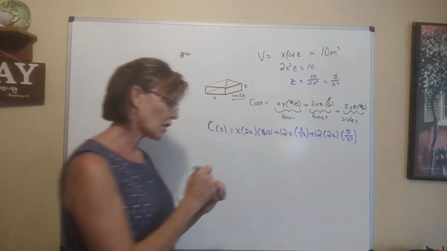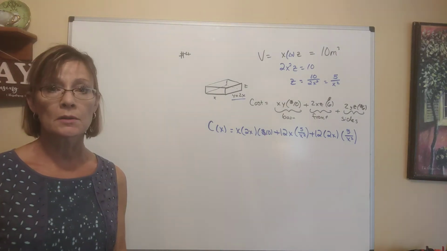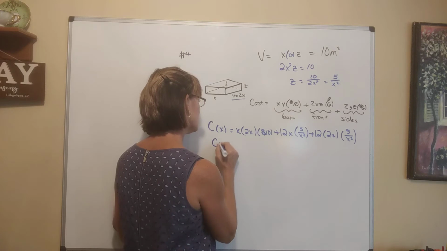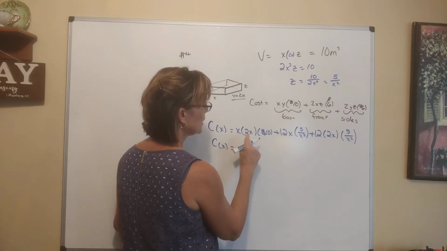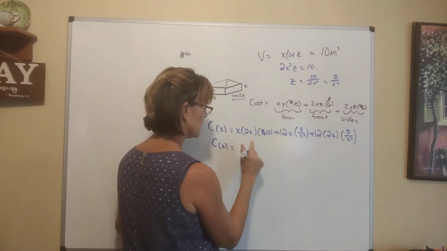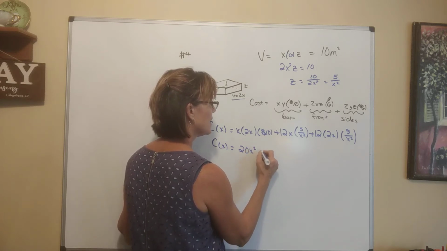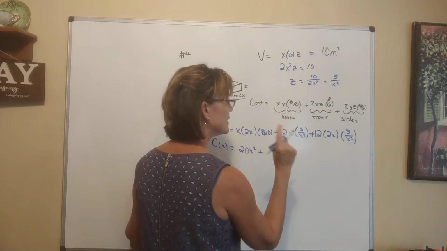So now we have our cost equation all in terms of one variable, so that's very helpful. Now we'll just multiply this all together, so we get C of X, 2 times 10 is 20 times X is 20 X squared plus 12 times 5 is 60.